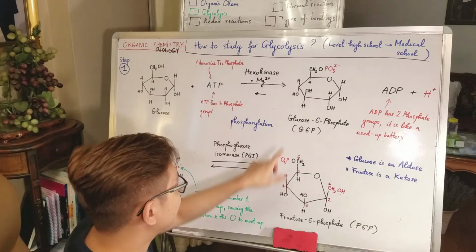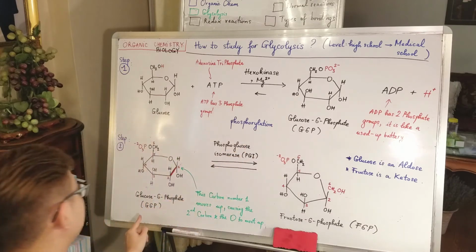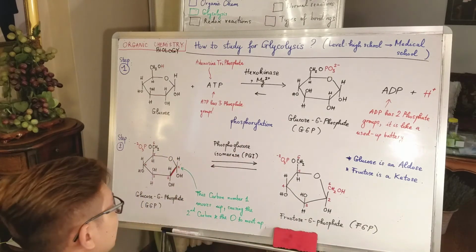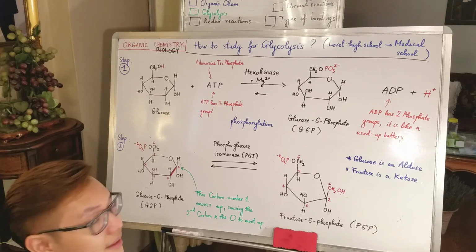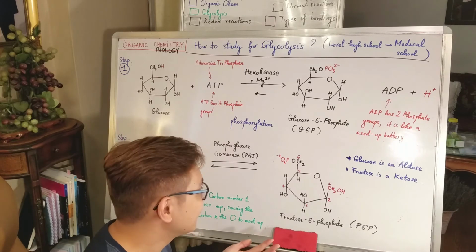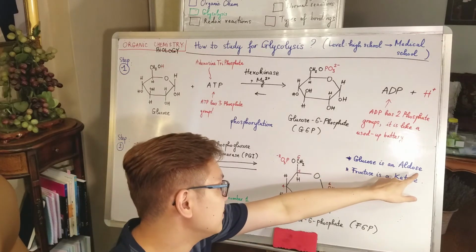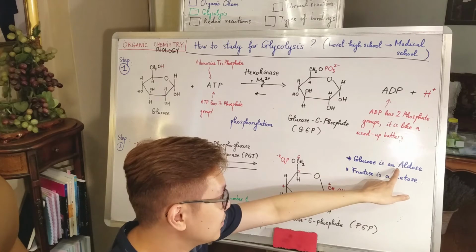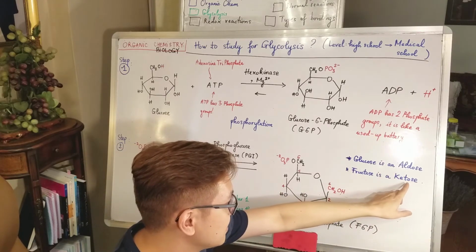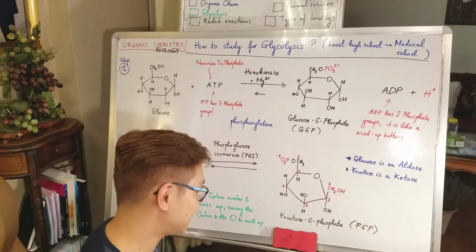Step 2 involves turning the glucose 6-phosphate into fructose 6-phosphate. And you know glucose and fructose are isomers of each other. Glucose is an aldose, a sugar that contains an aldehyde group. And fructose is a ketose, a sugar that contains a ketone group.